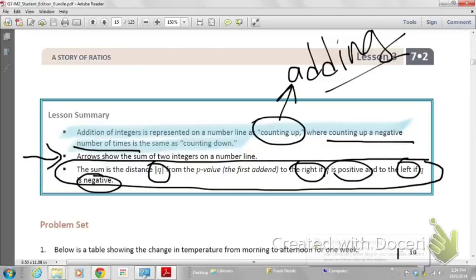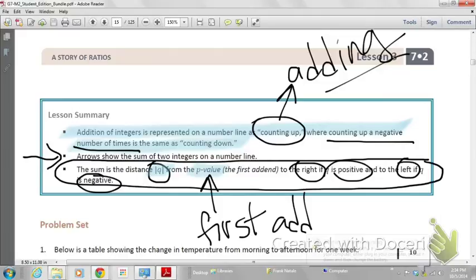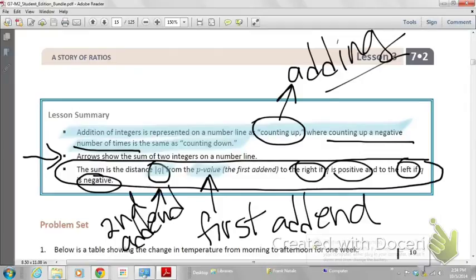It all makes a lot of sense just knowing that they're using these terms, p-value and Q. P-value is just that first addend, the first number you're adding, and then Q is the second addend. And that Q is always going to represent the distance from the first addend to your sum.